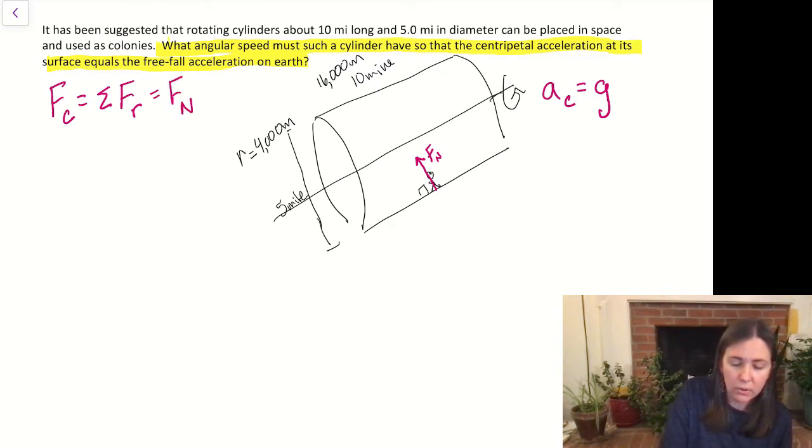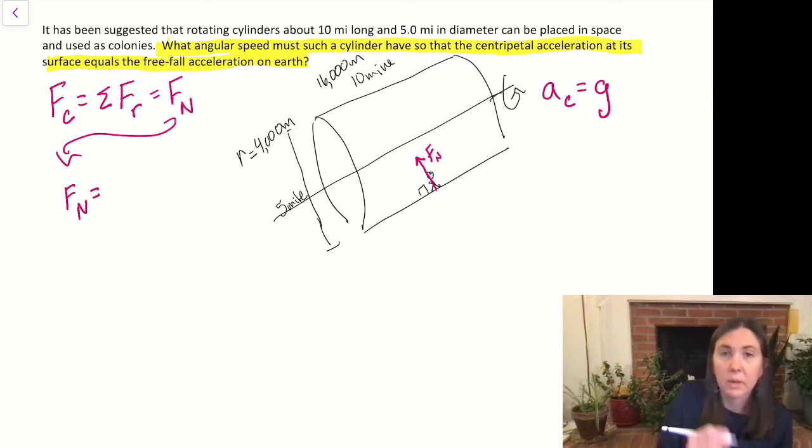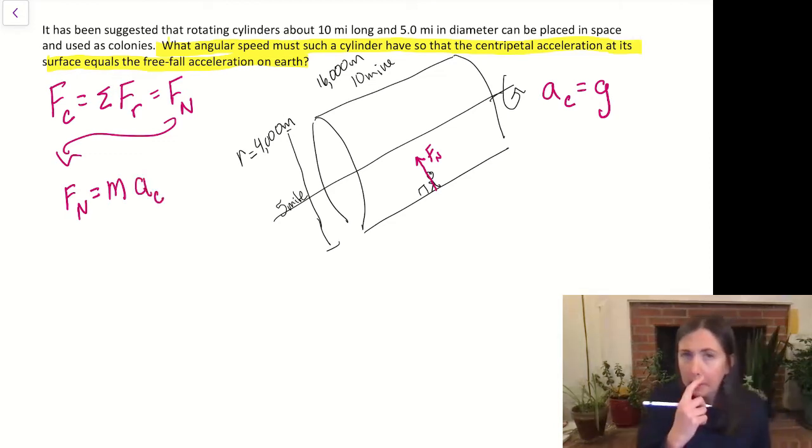I know then that my normal force, or my centripetal force, equals mass times the centripetal acceleration. Now, do I need to know all of that about forces? Not particularly, because the centripetal acceleration is going to be g.